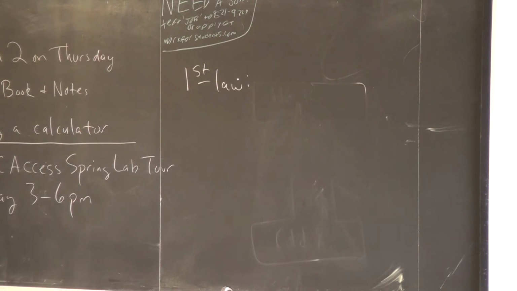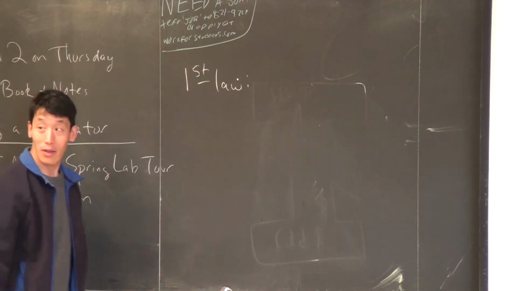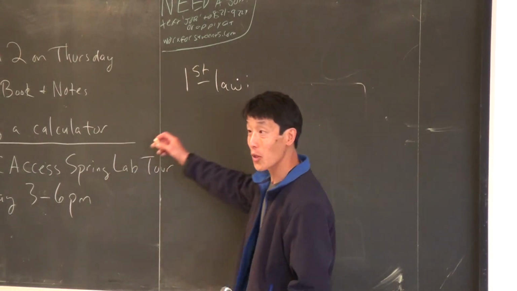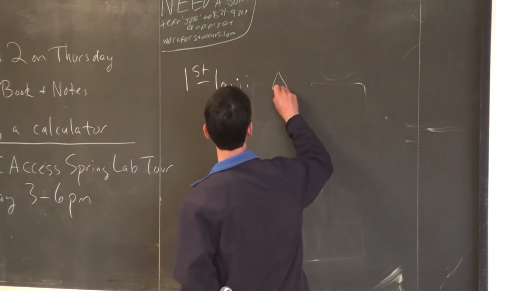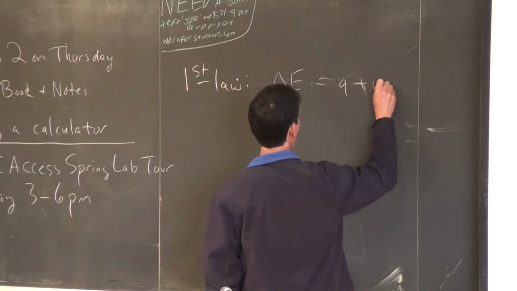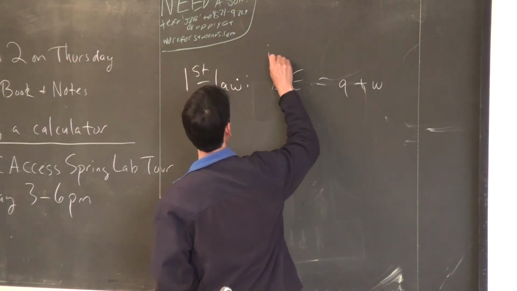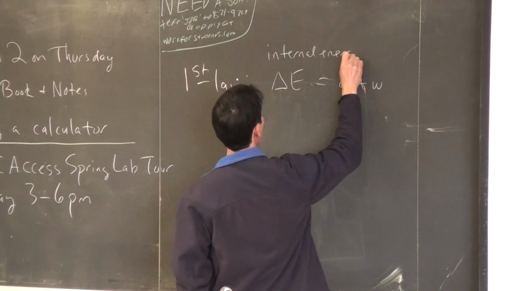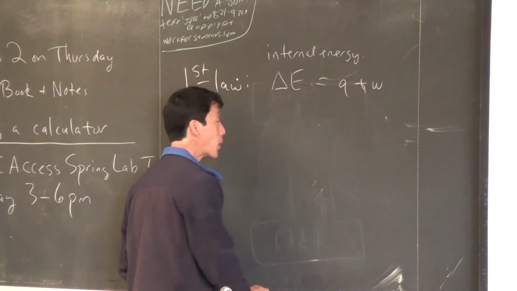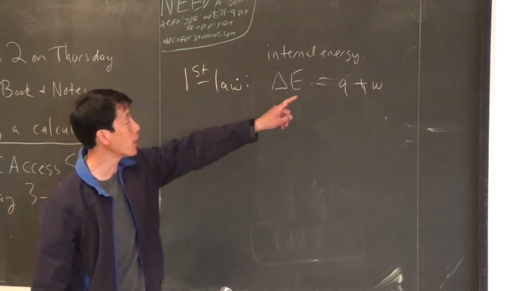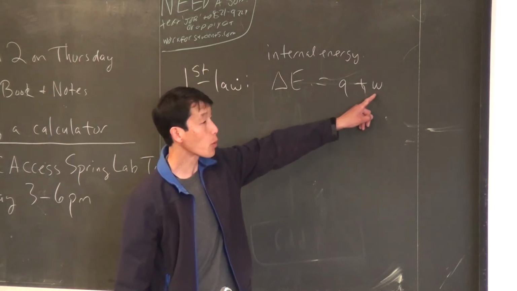Equals what? What's thermal energy? Yes, you're close, but it's actually delta E, which is the internal energy, equals Q plus W. Okay, so delta E is the change in internal energy. So what this tells us is that the energy inside atoms and molecules can be converted into either heat or work or both.